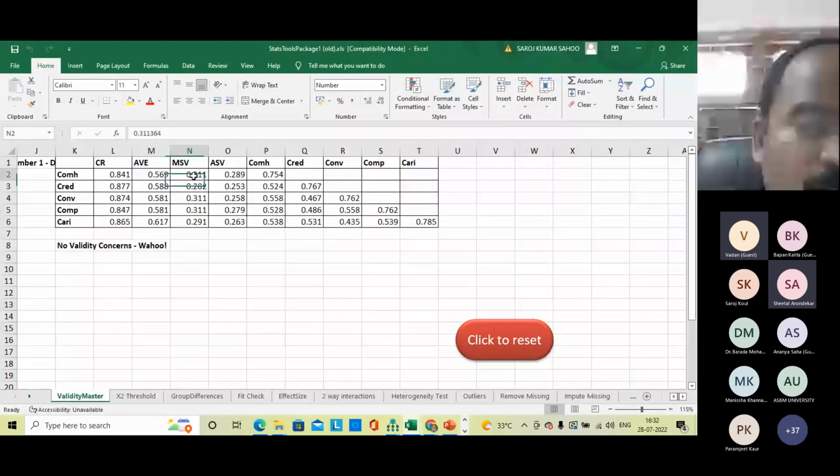So all the MSV values are less than their respective AVE values.